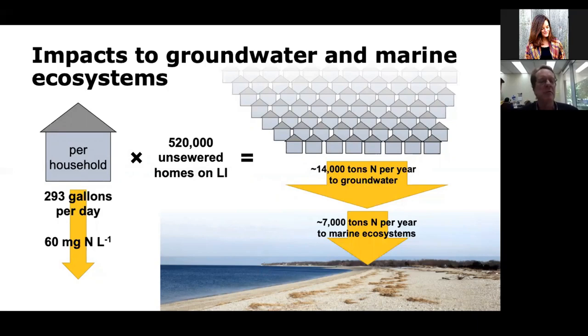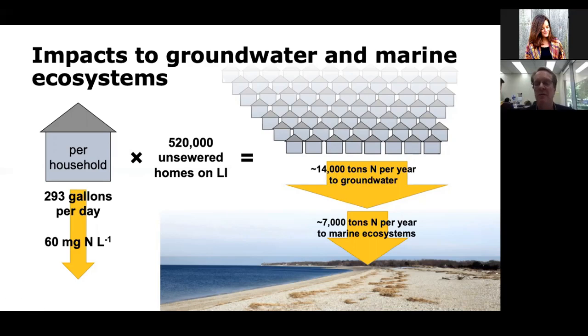And we also know from research literature that wastewater has on average about 60 milligrams of nitrogen per liter in it. If we take that, multiply it by 520,000 unsewered homes on Long Island, you get a lot of nitrogen percolating into groundwater, about 14,000 tons of it every year.